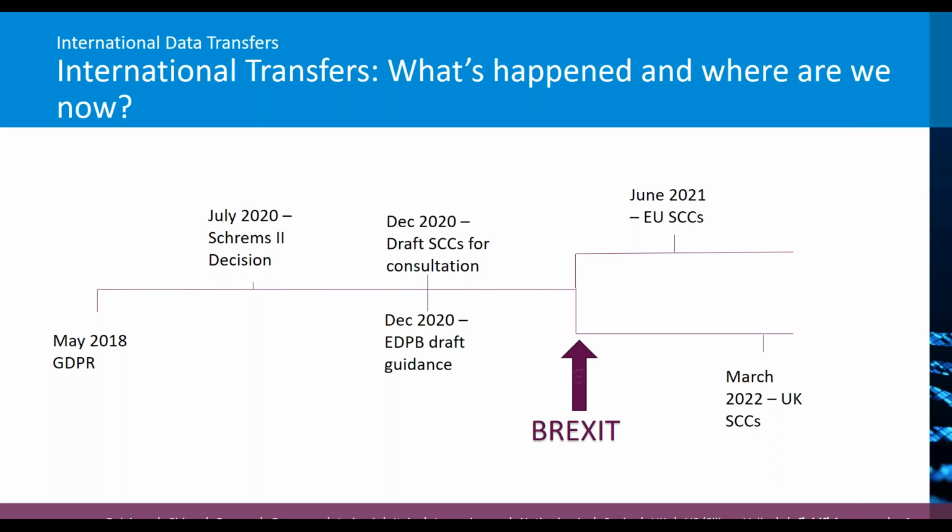And of course, Brexit meant we end up with divergence. We've got new EU SCCs and indeed finalised EDPB recommendations, which don't have effect in the UK, but more on that later, and bringing us right up to date in March this year. Now we've got the UK instrument about to come into force.